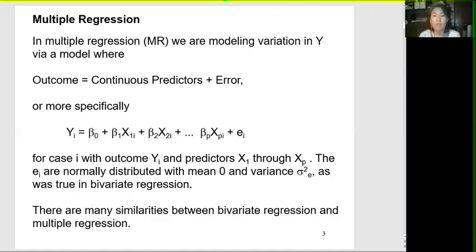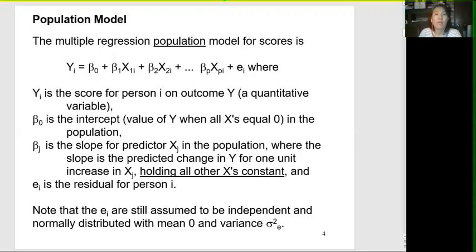There are many similarities between bivariate regression and multiple regression. The multiple regression population model. So the population model is not the estimated model. The population model includes the error term, but the estimated model does not include the error term.